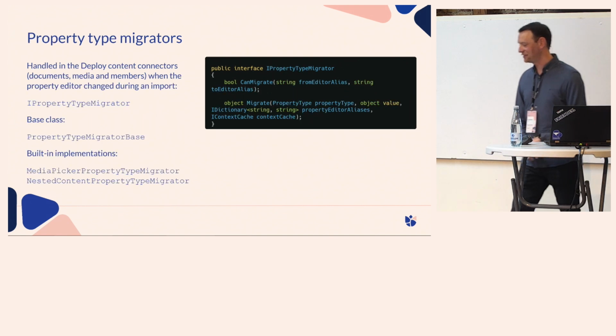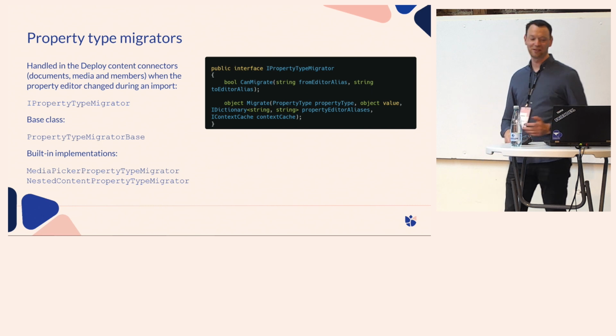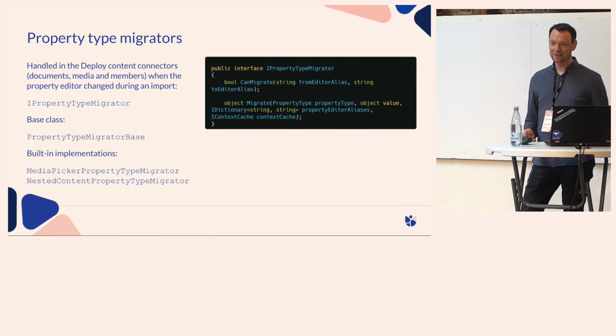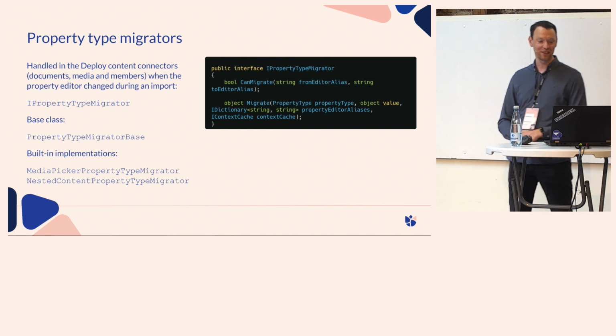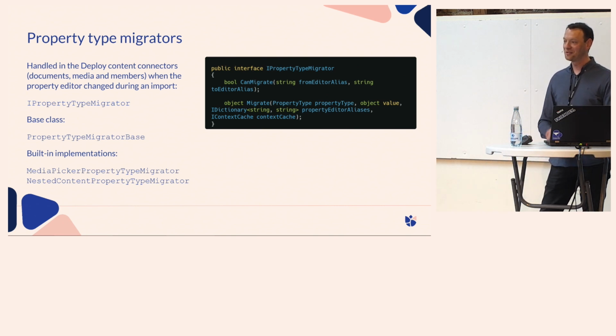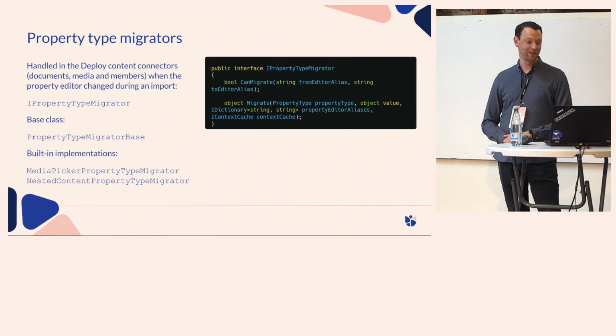Then up next, the property type migrators, that's handled by the actual content connectors, service connectors for documents, media, and members. That's triggered when a change in the property editor alias is detected.